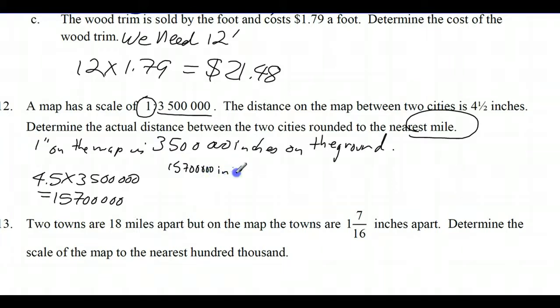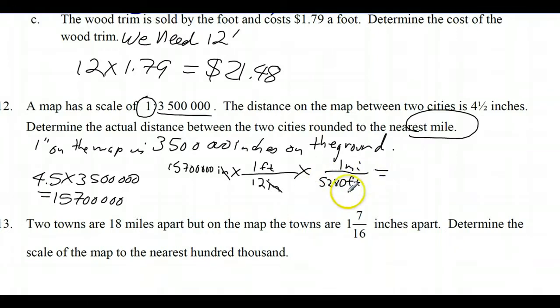Conversion time, 15,750,000 inches. Okay, well, I know that 1 foot is 12 inches, and the deal here is get inches top and bottom where they can cancel, and then I need feet on the bottom to cancel, and I want miles, so 1 mile is 5,280 feet.